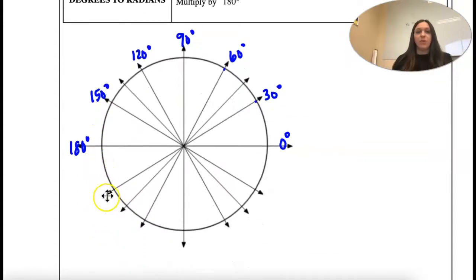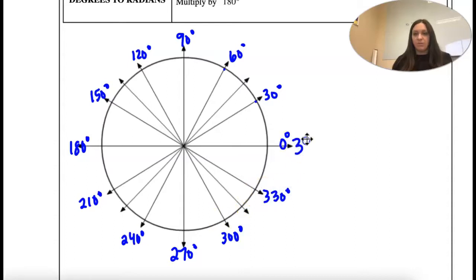Let's keep going. 180 plus 30 is 210, plus 30 is 240, three-quarters around a circle is 270, plus 30 is 300, then 330. All the way around a circle is 360.